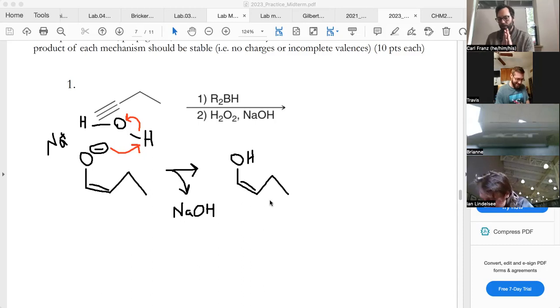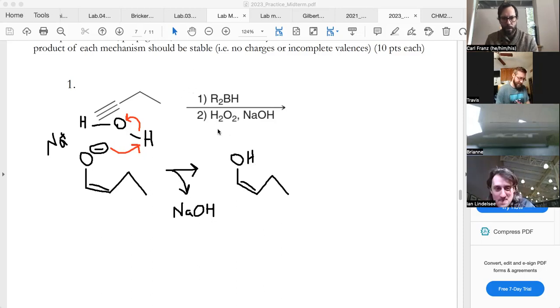Okay, so now we've got this situation here, but remember, it's going to tautomerize. Let's go to the red, right? This hydrogen, or well, here, there's a bond here.